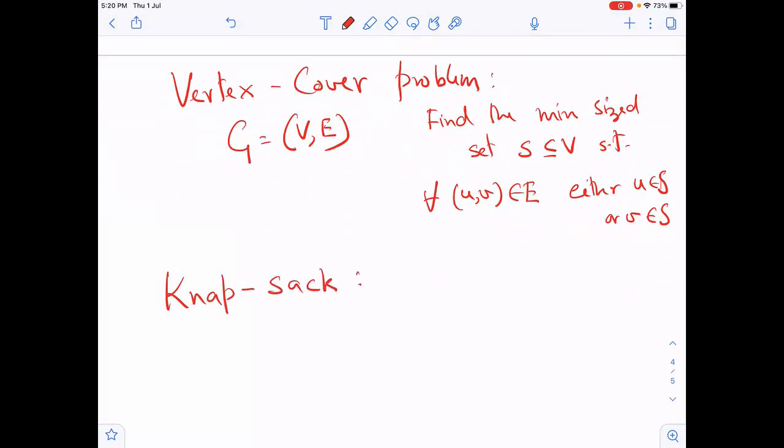You have been given a set of items I1 to IN, and each of them has a particular volume and a particular cost, and you have been given a sack of volume V. Now the question is that you want to store as many items as you can, such that the volumes are bounded and the costs are maximized, right?